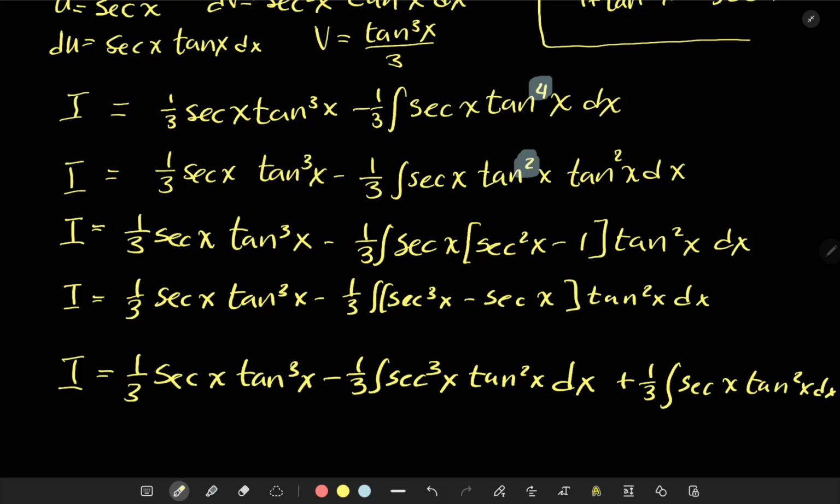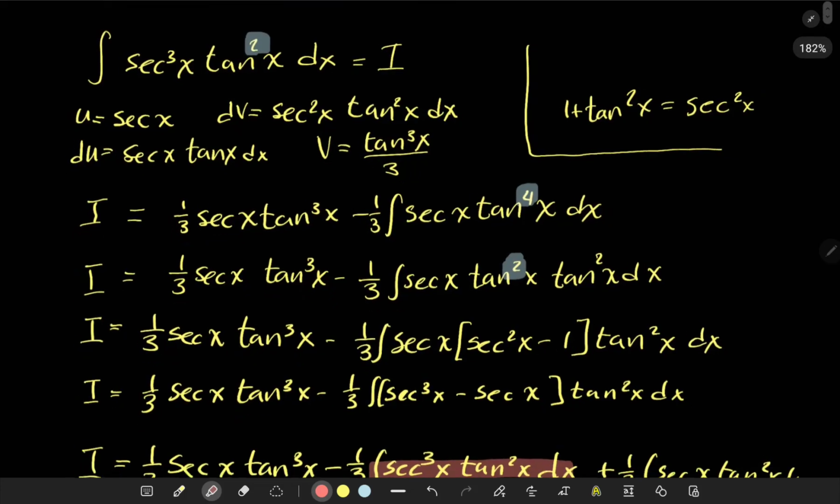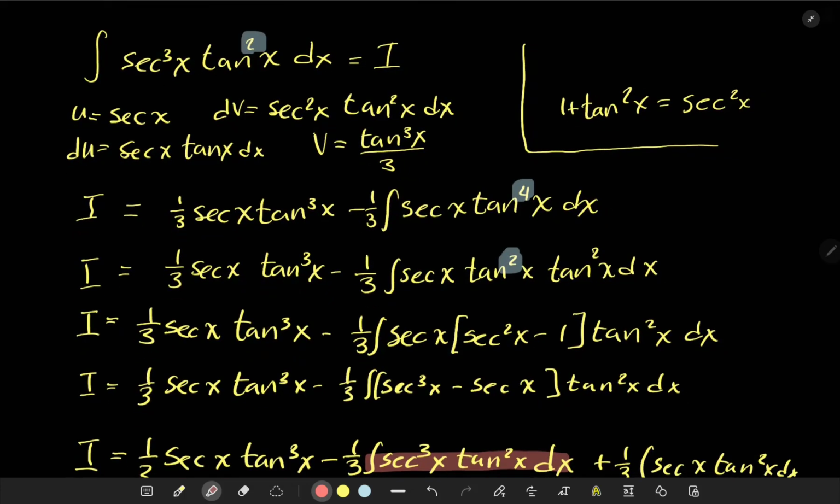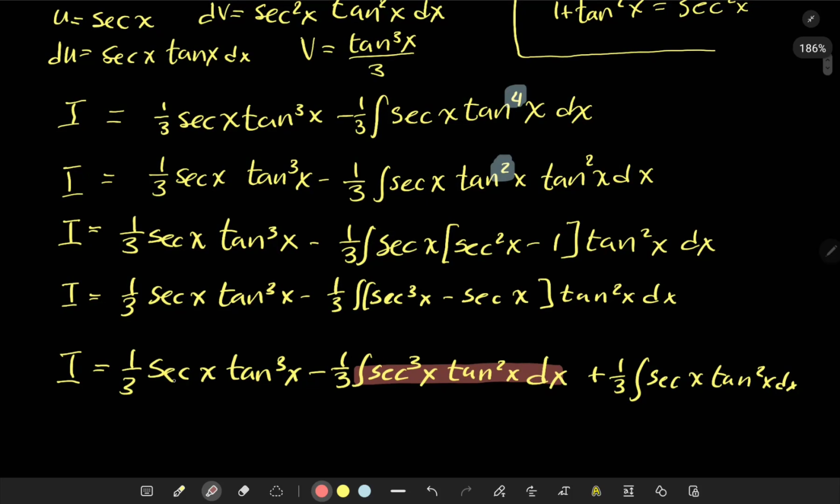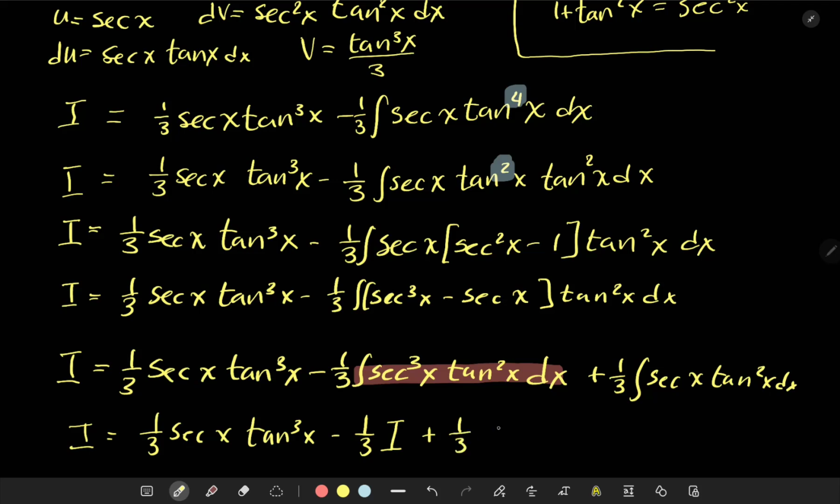Finally, all right, I want you to pay some attention here. You see this integral here in red is where we started. That secant cubed tangent squared of x dx, that is the same I. You see, so this becomes I, and then 1/3 secant x tangent cubed of x minus 1/3 of I plus 1/3 of this new integral.